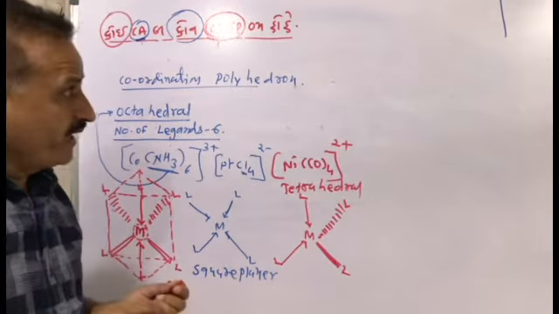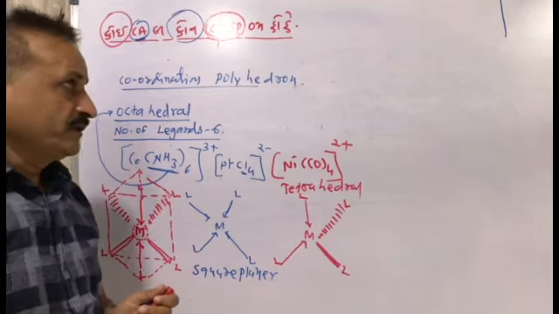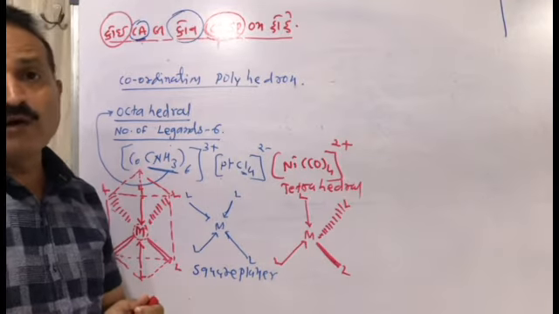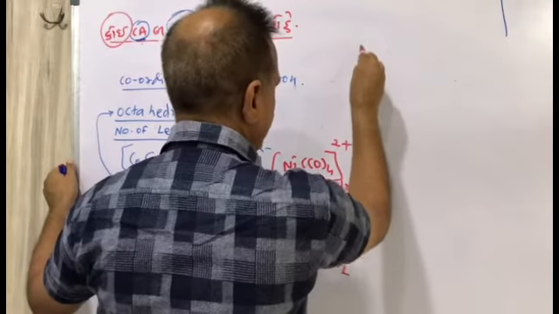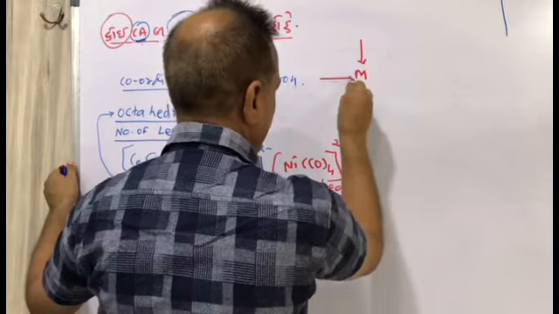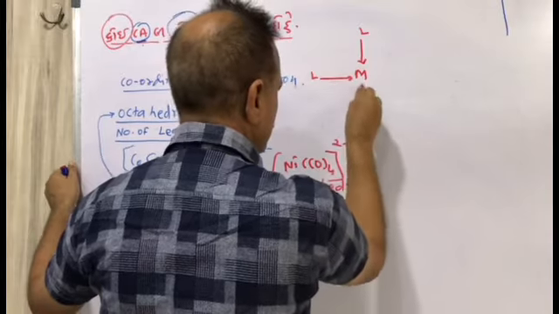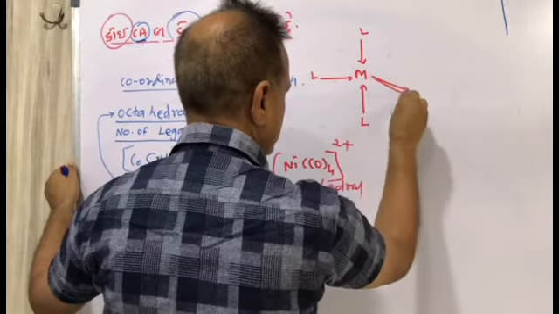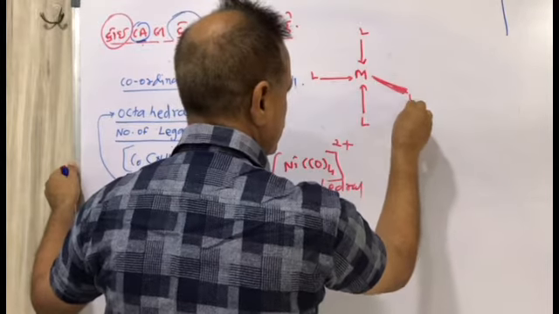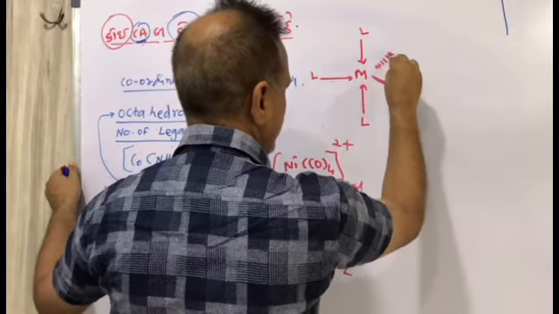Now the number of ligands is 5. Then it is trigonal bipyramidal. So trigonal bipyramidal, the number of ligands is 5: 1, 2, 3, this is the 4 and this is the 5.